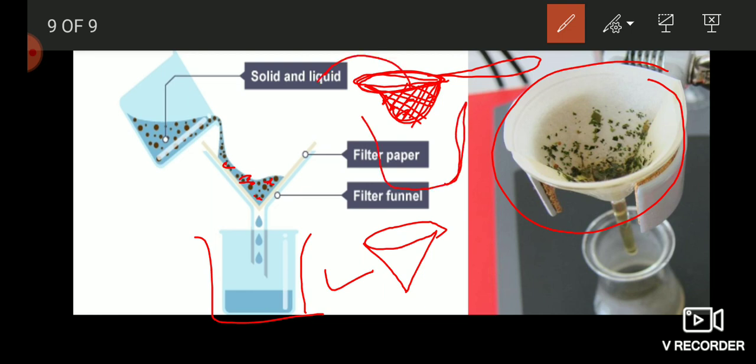So the tea is poured here and the insoluble particles get trapped by the sieve or filter and we get the liquor here. So this is the way of separation of insoluble solids from any other liquid.